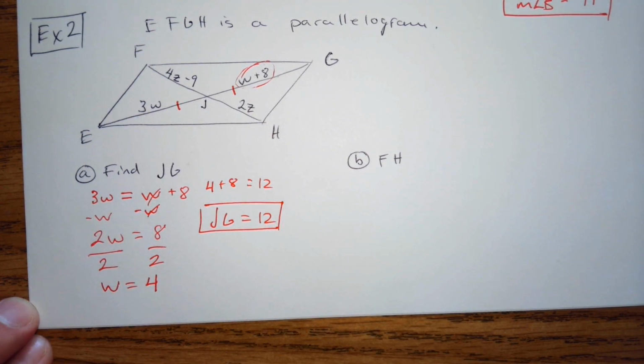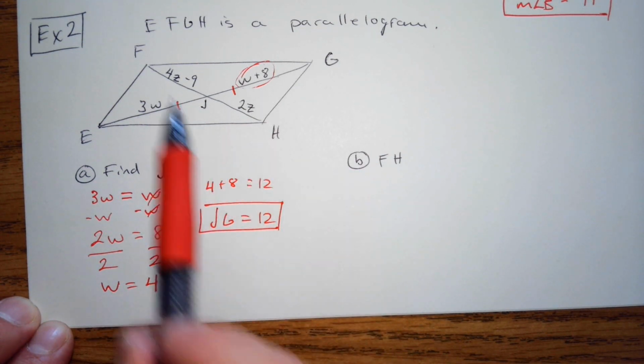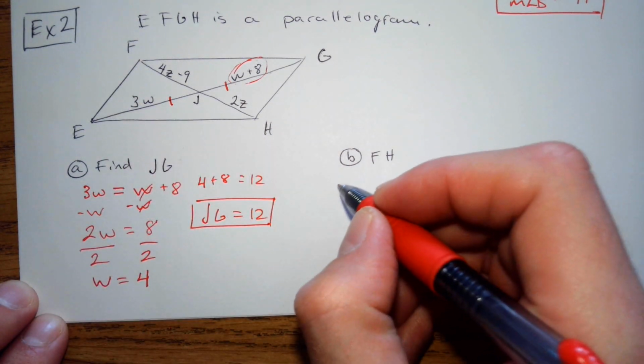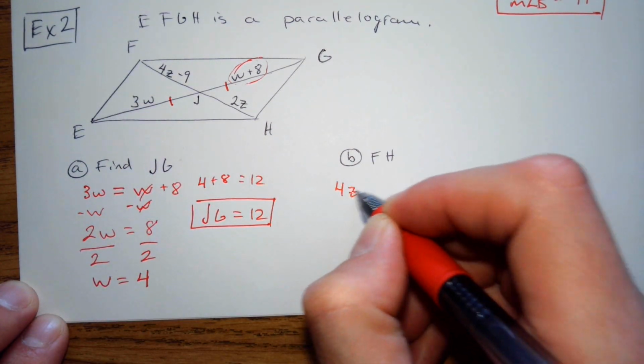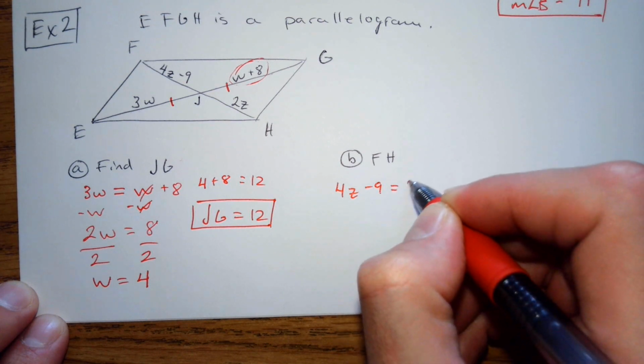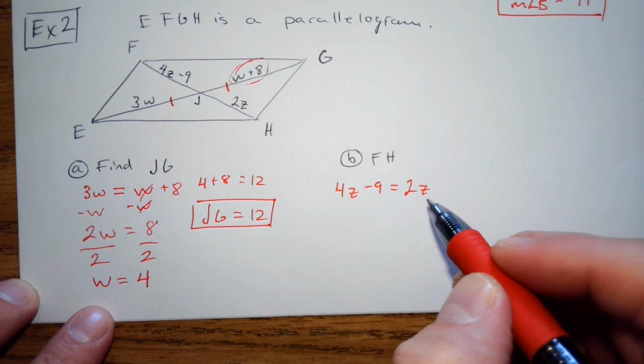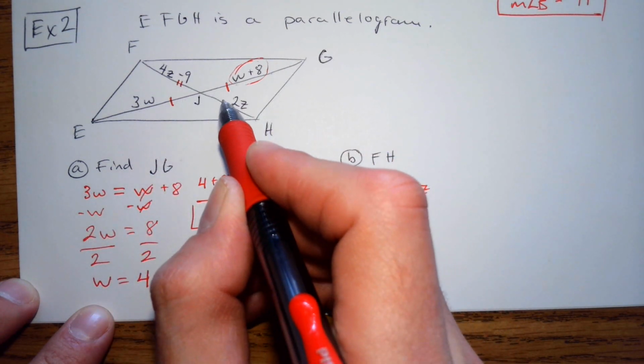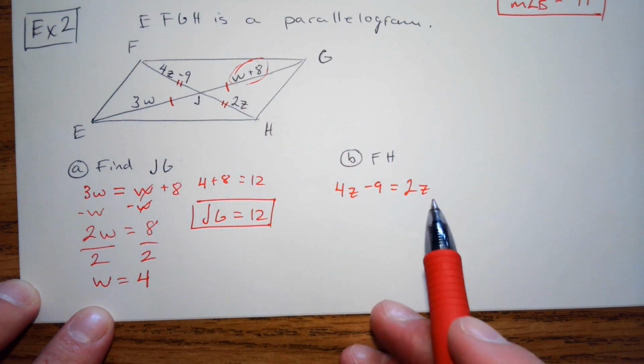That one's pretty straightforward. Now FH is a similar way. I just set the two equal to each other. What I want to show is a way to solve this.